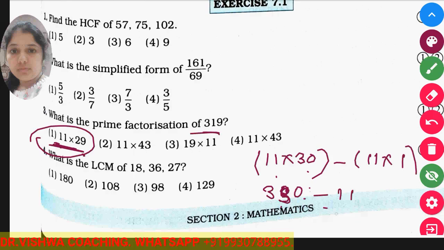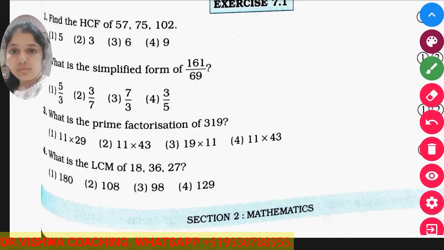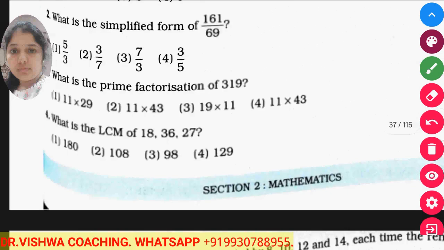So if 330 minus 11, we will get the answer as 319. So this is your answer. 11 into 29 is the prime factorization of 319. Okay, you can check for other options also.